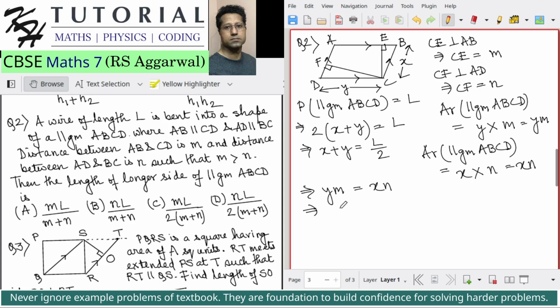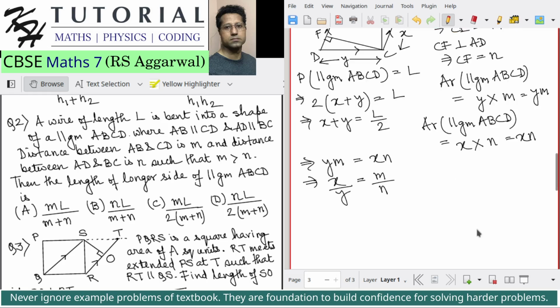So this implies I can have the ratio between X and Y. So I can say now X by Y will be equal to M by N. Now using this ratio X by Y and the sum of the values X plus Y, I can easily find the individual values of X and Y using the concept of ratio and proportion.